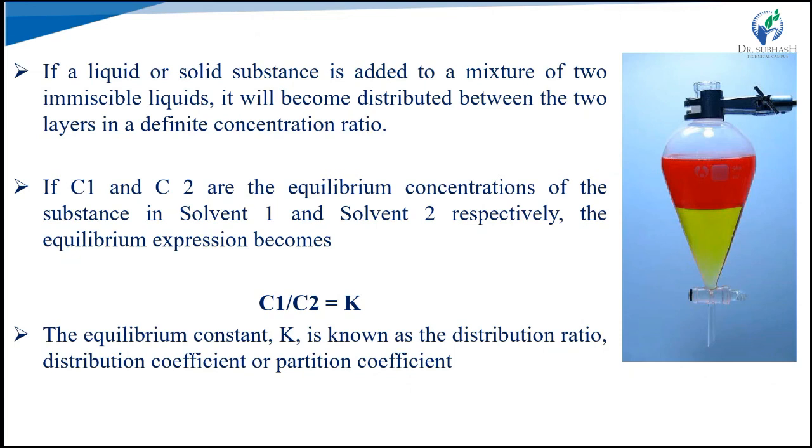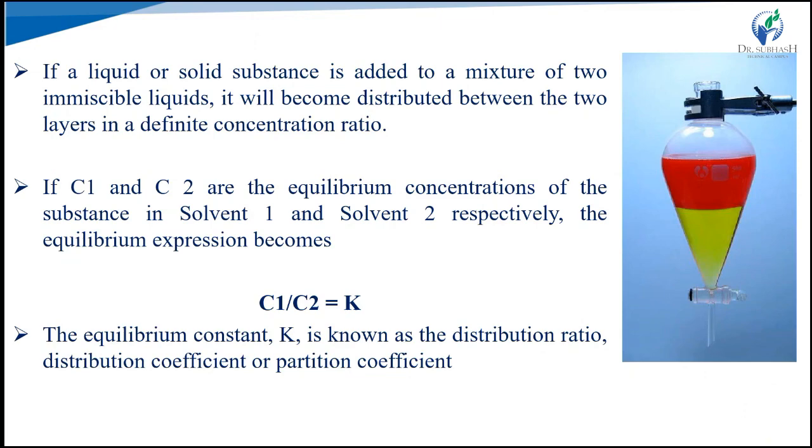Here the equation is C1 upon C2 is equal to K. If C1 and C2 are the equilibrium concentrations of the substance in solvents 1 and 2, the organic and aqueous phases respectively, the equilibrium equation becomes C1 upon C2 is equal to K.